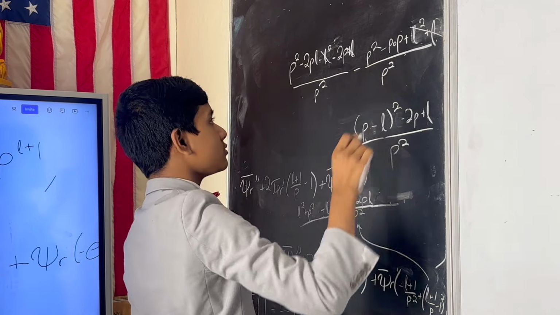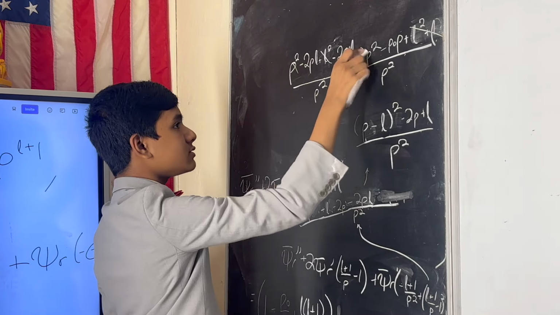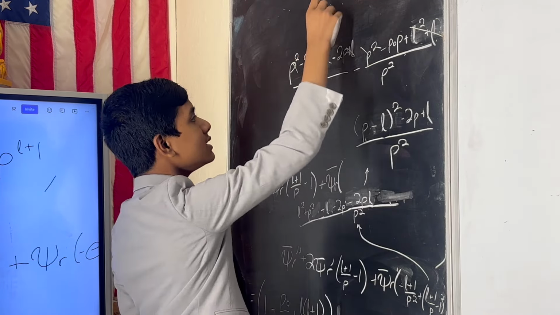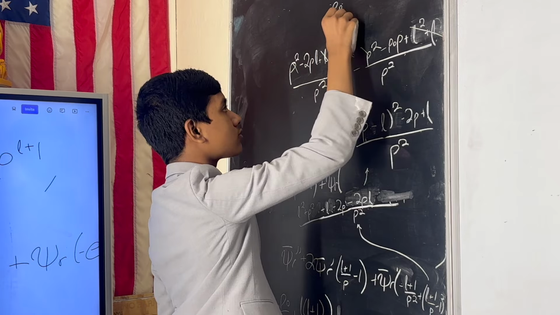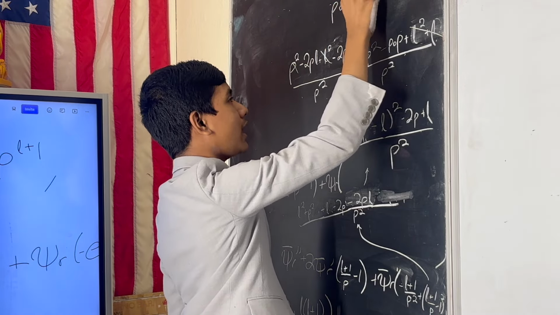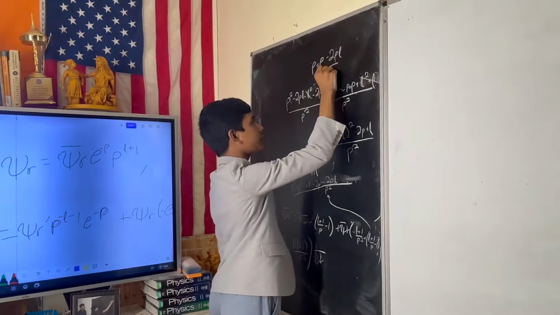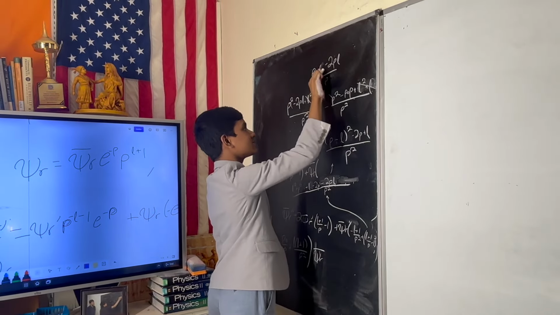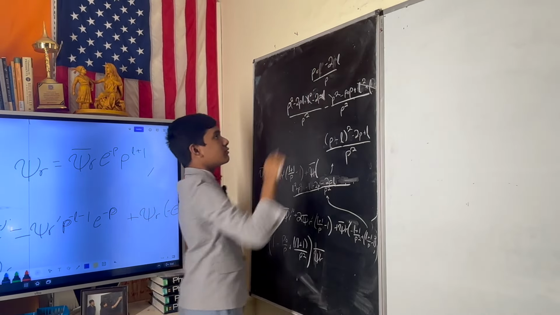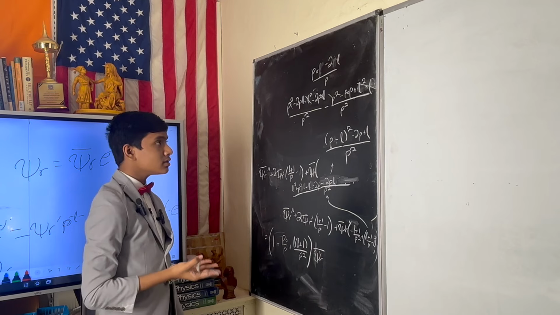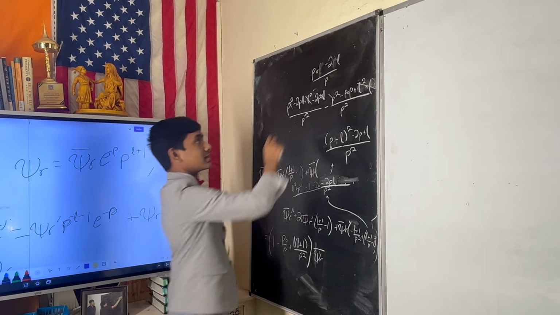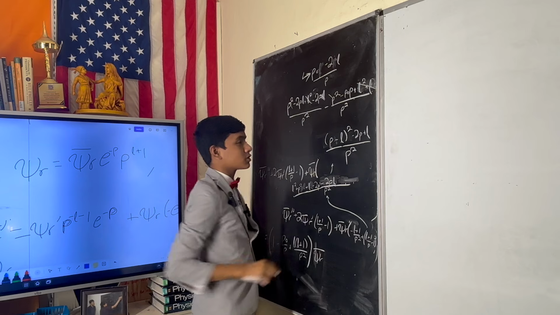Like these two are going to cancel out, and these two are going to cancel out, which leaves rho naught rho minus 2 rho L over rho squared. We eliminate this and remove these, and we get rho naught minus 2L over rho. This is a very important number that we'll talk about later.